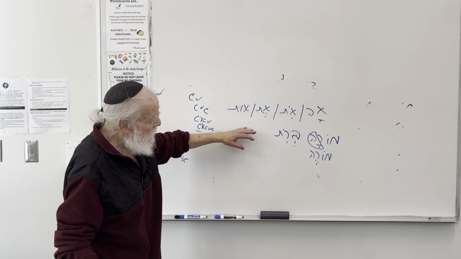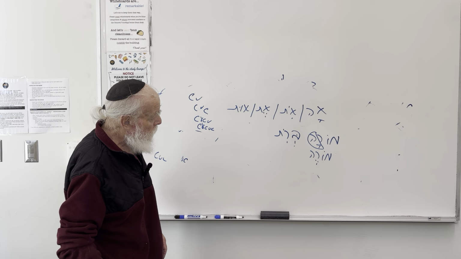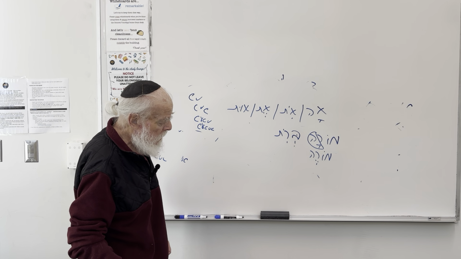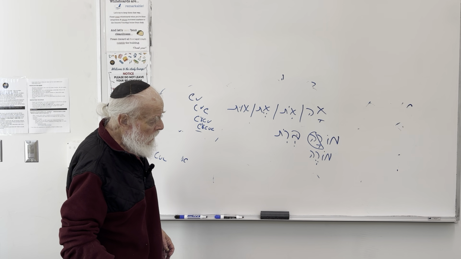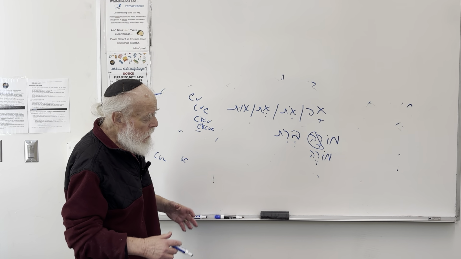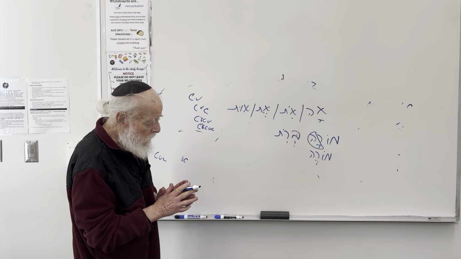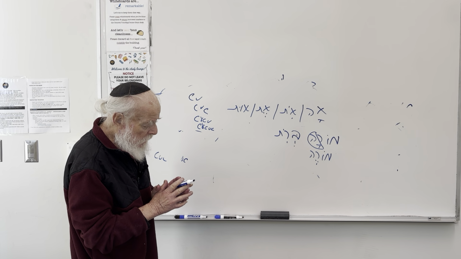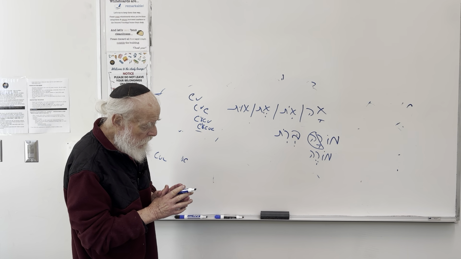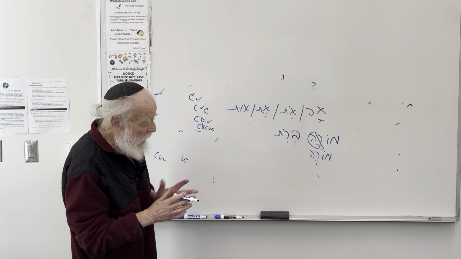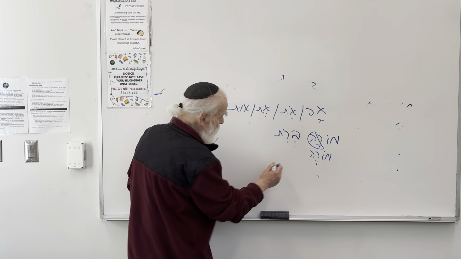A word ending with a segol tav. Let's think of a word that has segol tav in it. Some of these words are so rare. A segol tav ending word. Igeret. The word Igeret.